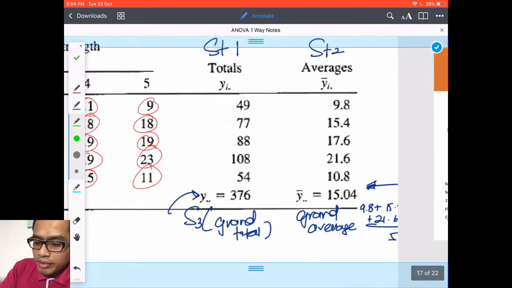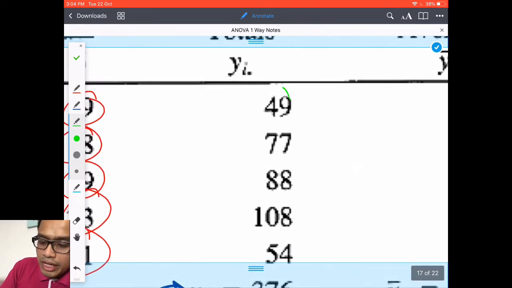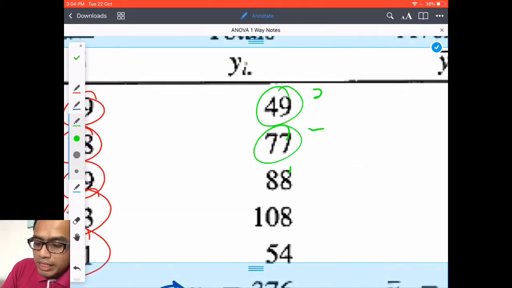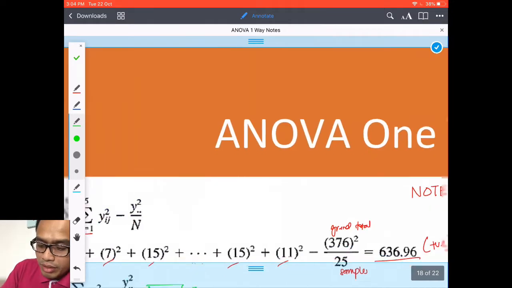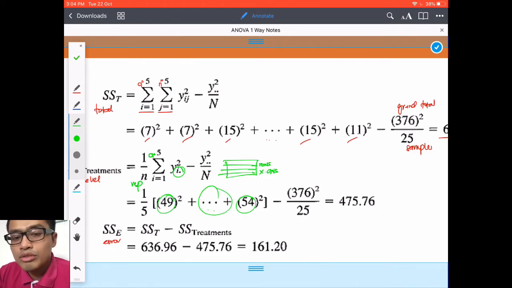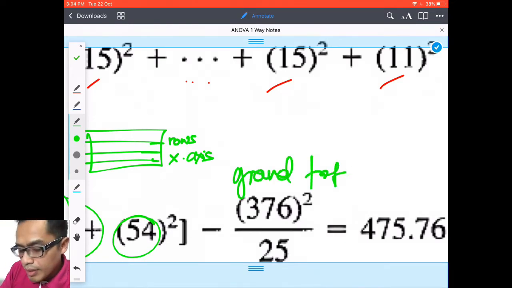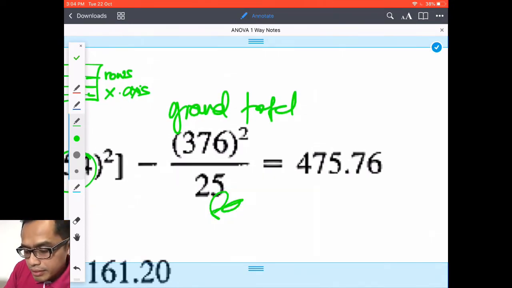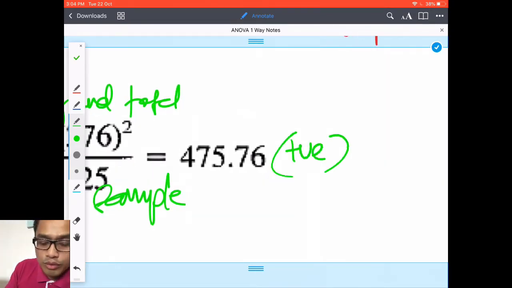Go back to this one. You'll see your total there. There. 49 squared plus 72 squared plus 82 squared plus 108 squared plus 54 squared. And you write it down. Sorry, I'm going too fast. You can write the dot, dot, dot there to simplify your calculation, minus the grand total and the sample. And then you have your positive value.